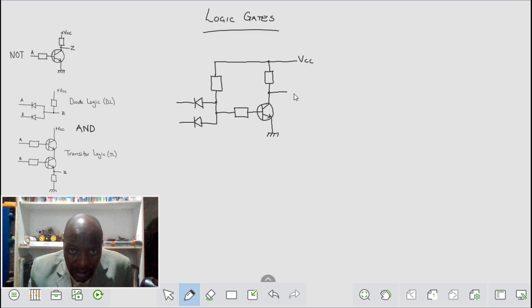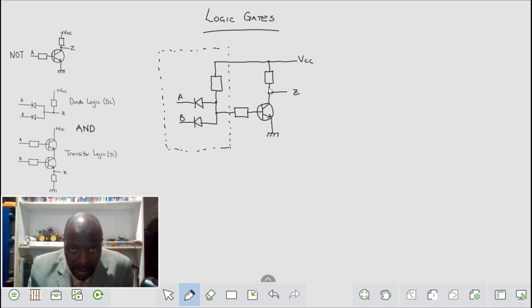And there now is our Z. So what we have now is the first part, this side, which would be our AND circuit. This is our A and B.